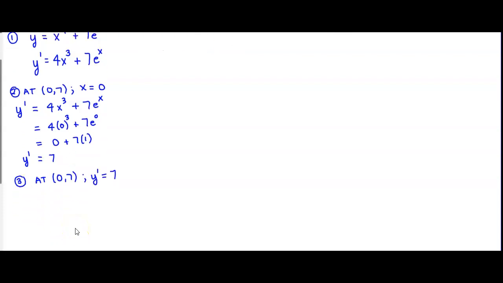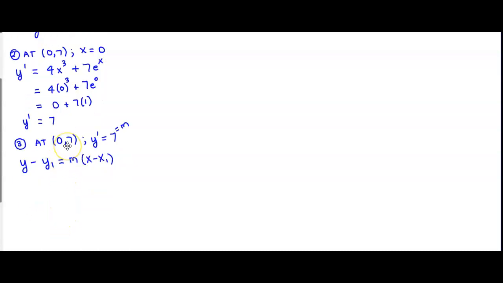So the point-slope form is the following. We know that we have y minus y1, which is equal to the slope m times x minus x1. Now we know that m is the slope, and we're going to use the point for x1 and y1 to be 0 and 7.